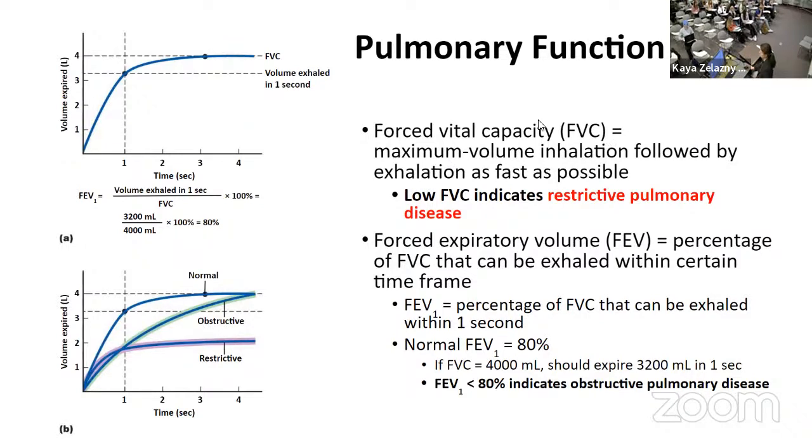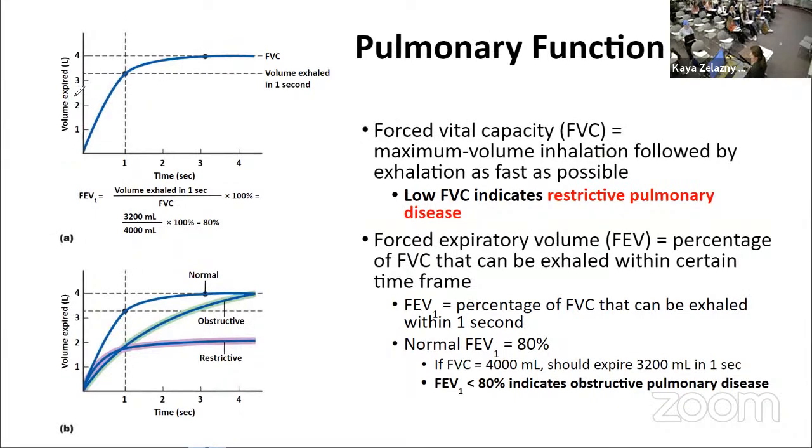Okay, so here we see a normal curve for the volume that we're breathing out as we're getting to that forced vital capacity. So the forced vital capacity is going to be the volume we eventually get to as we're breathing out. Okay, so that's labeling this point in this top image.